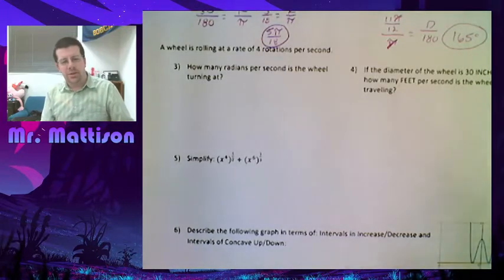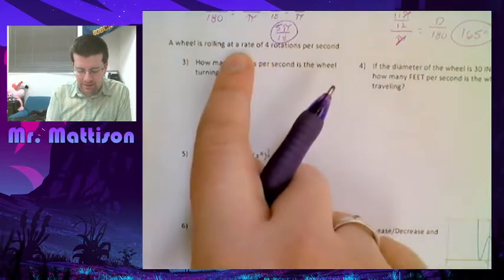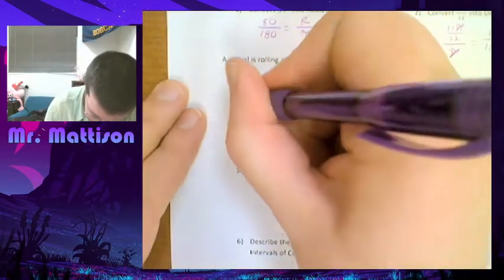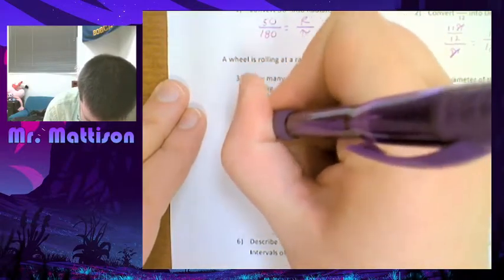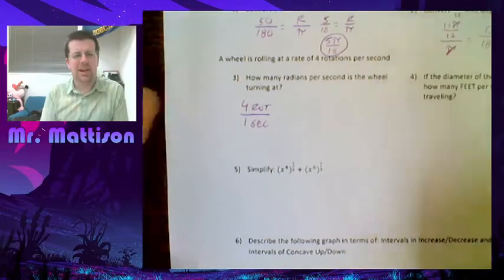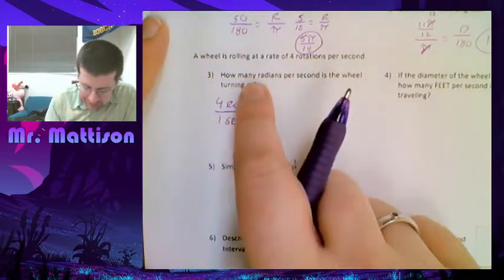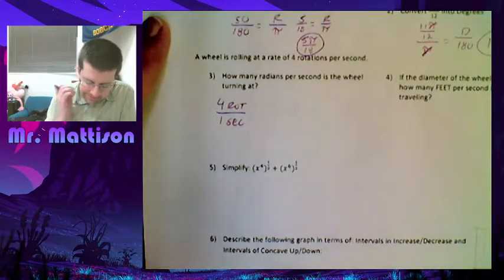Okay, so number 3, 4, and 5, we're going to be using the idea that the wheel is rotating at 4 rotations per second. So that's going to be 4 rotations over 1 second. So this is going to be a lot of unit analysis type stuff here. So I'm trying to get it into radians per second.